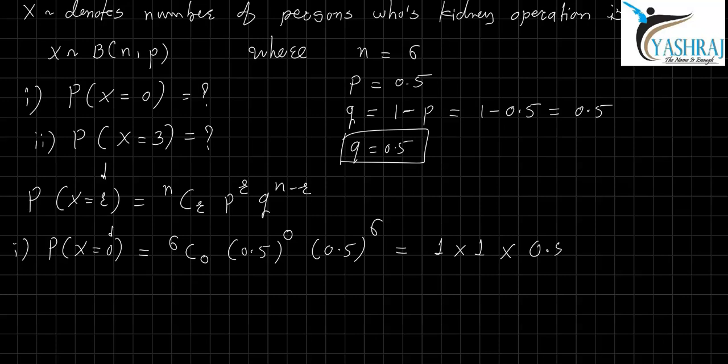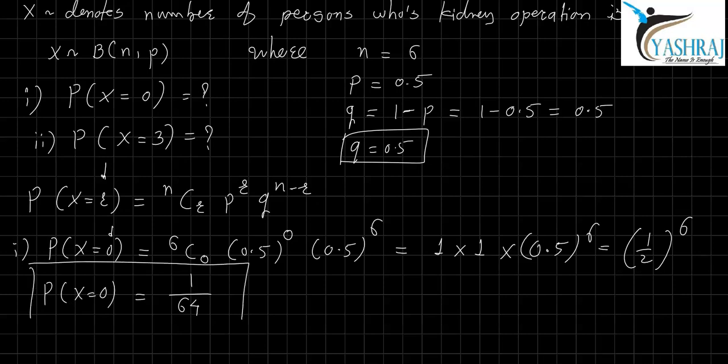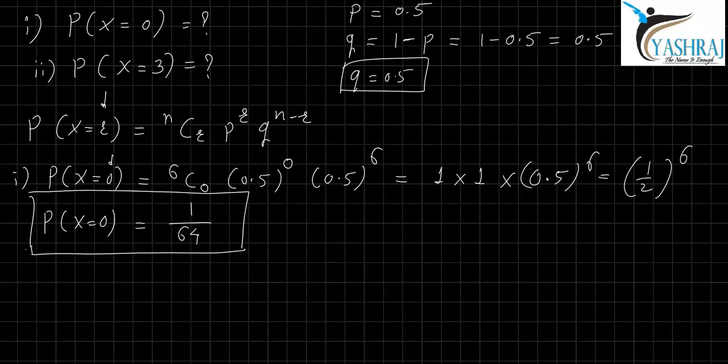So we get 0.5 to the power 6, which is half to the power 6, so we get 1 upon 64. So the probability that none of the patients recovers from the kidney operation is 1 upon 64.